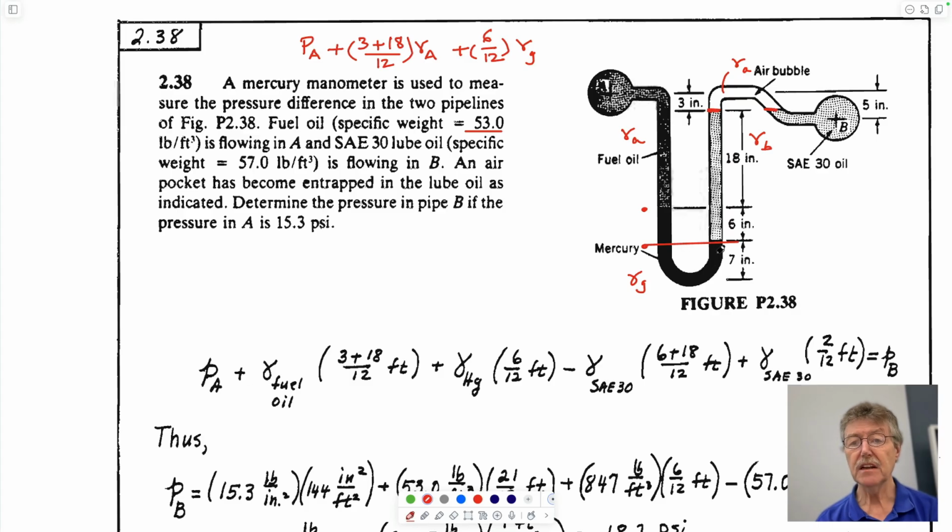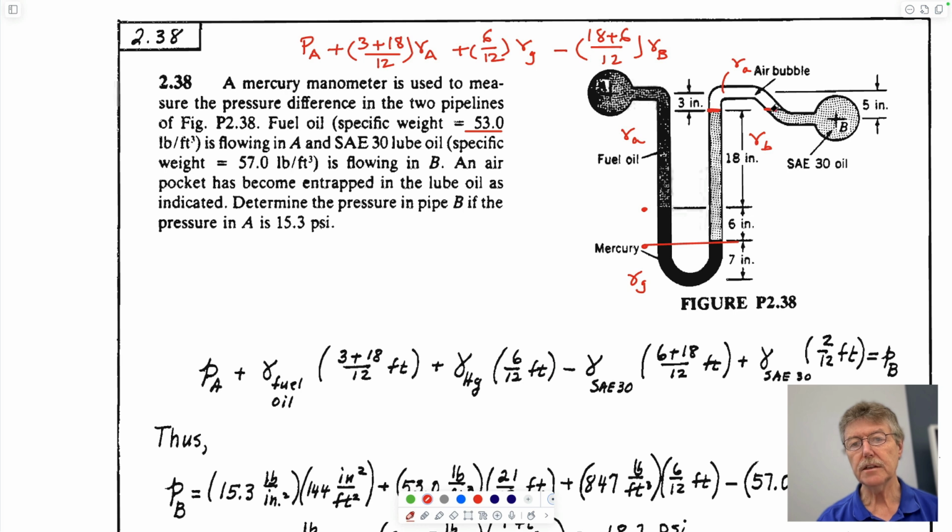Don't care about the 7. And then we'll go up to this point here. We're rising, so we're subtracting an amount which is 18 plus 6. Hopefully it's the same as the equation you see underneath. It's the unit weight of fluid B to get to this point.